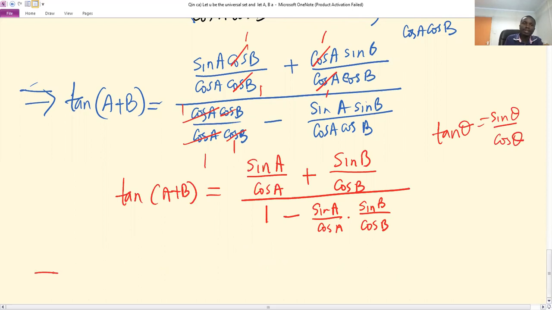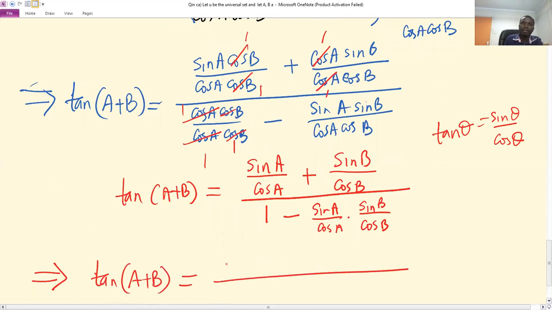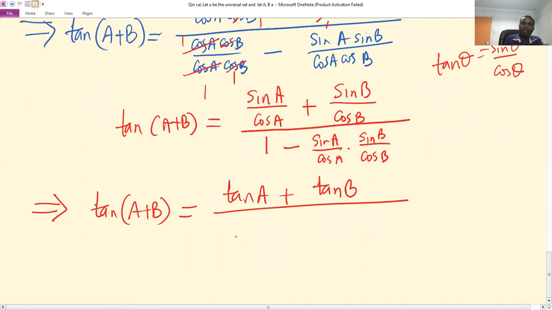So then this implies tan of A plus B is, here will be now tan of A plus, this defines tan of B, over 1 minus, this defines tan of A, this defines tan of B. And that is what we were to prove.